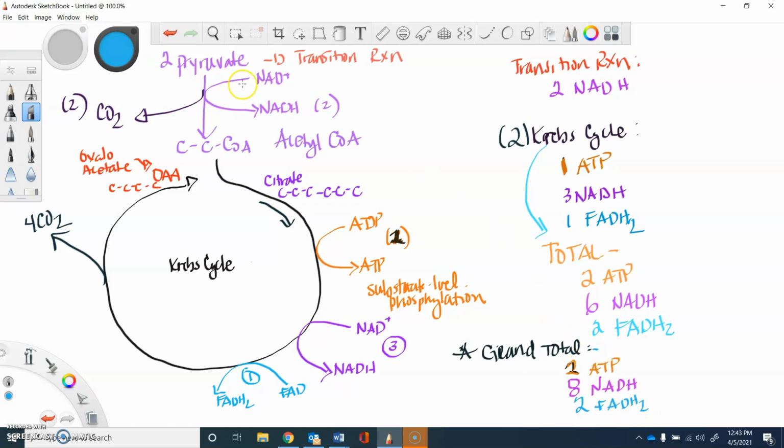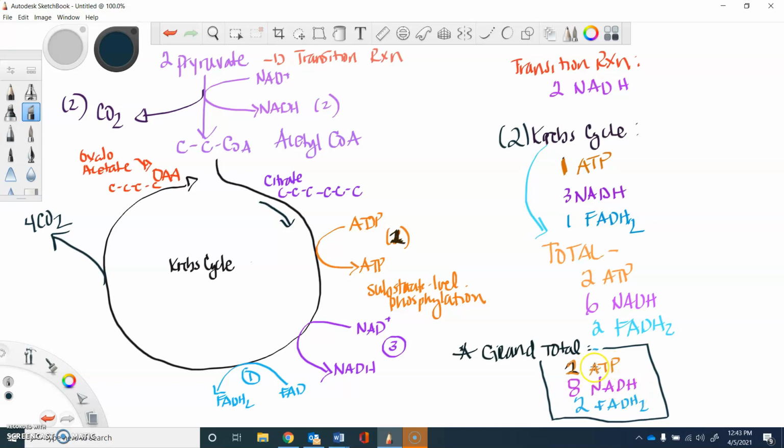So that is the grand total of what we get from this second pathway from the Krebs cycle. Okay, and this is important. We have ATP. We've got 2 more ATP. We got 2 ATP from glycolysis. We've got 2 more, so that's good.